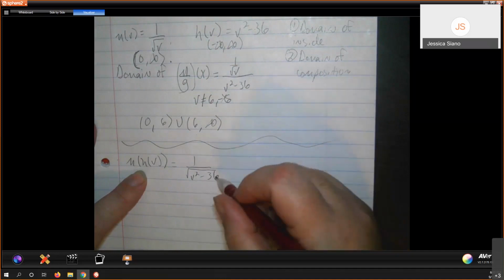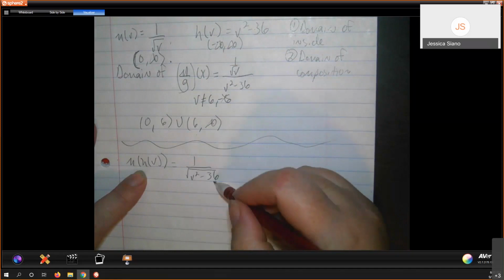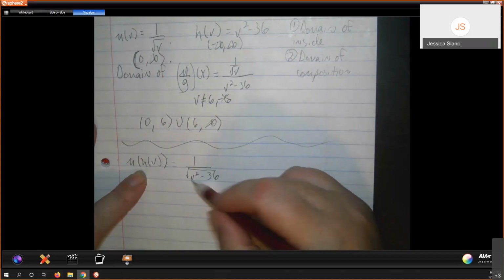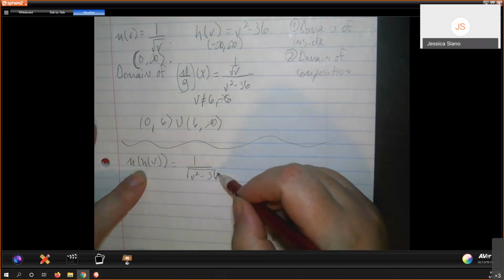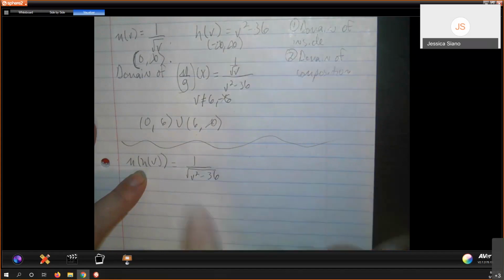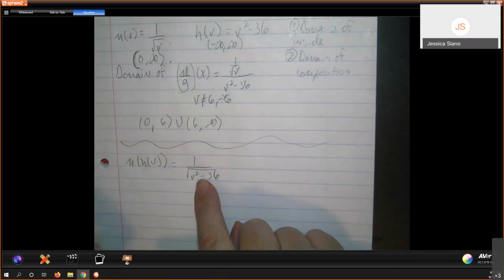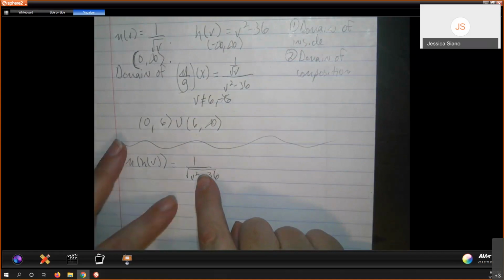And so now the domain of this would be anywhere that this radicand is strictly greater than 0. It can't be 0 because it's in the denominator. It can't be less than 0 because it's under a square root.